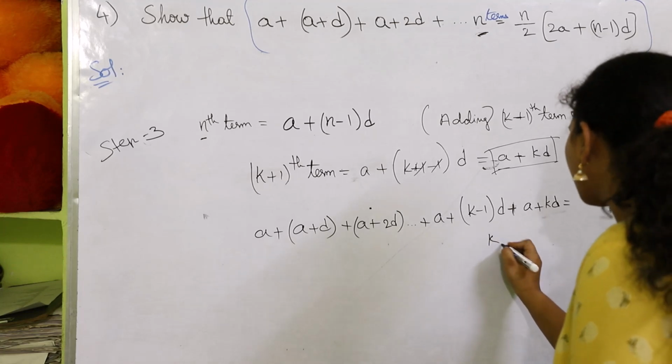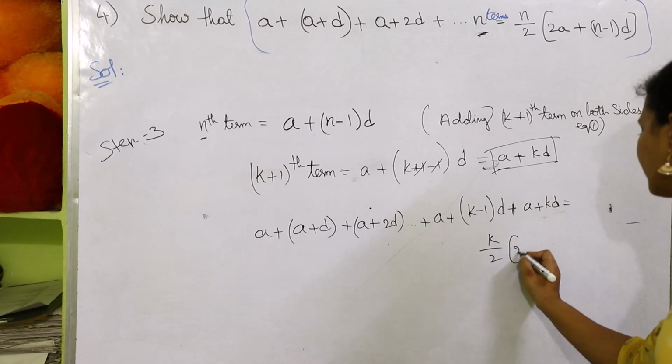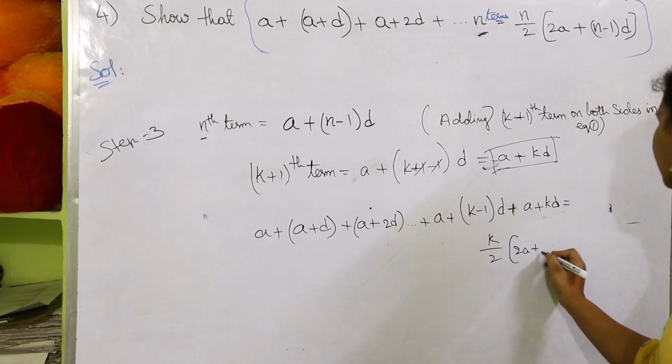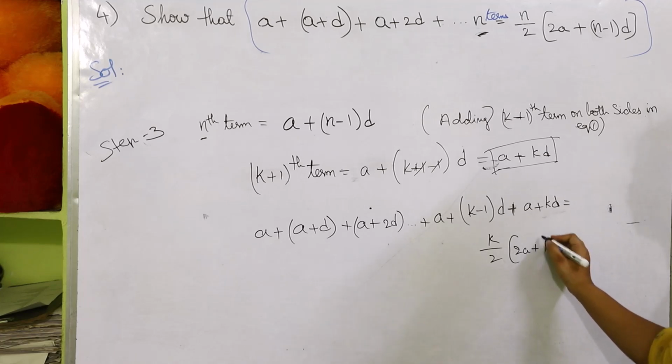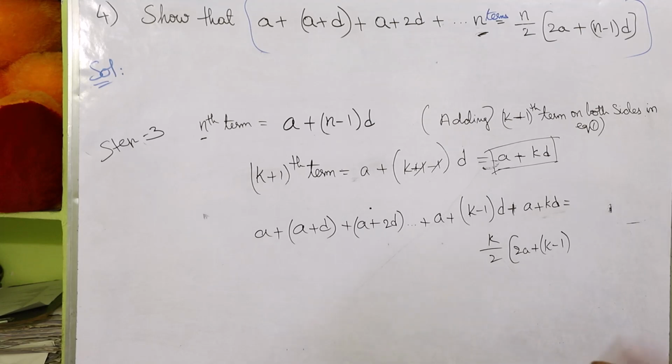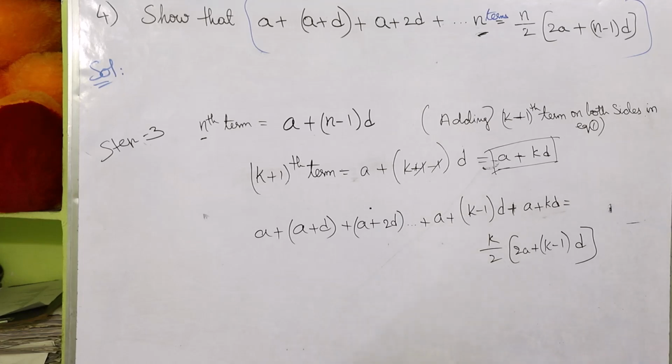So here this becomes k by 2 into 2a plus n minus 1, where n minus 1 means k minus 1. Don't go for the k plus 1 term, n means k here, as I am talking about the first equation. Clear? K minus 1 into d. As I said, adding this k plus 1 term on both sides, so plus a plus kd.